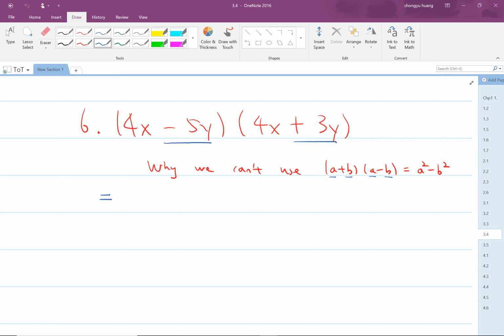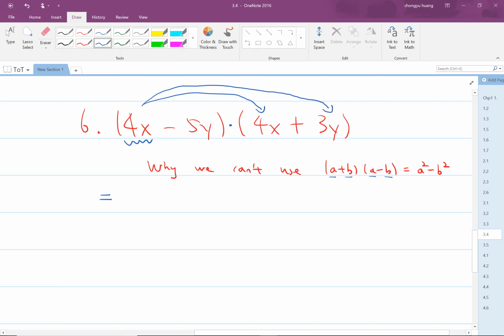So basically over here, what you have to do is multiply term with term. Since we have a multiplication right here, let me clean a little bit. We want to multiply this 4x with 4x on the other side, and then we also want to multiply 4x with plus 3y on the other side.